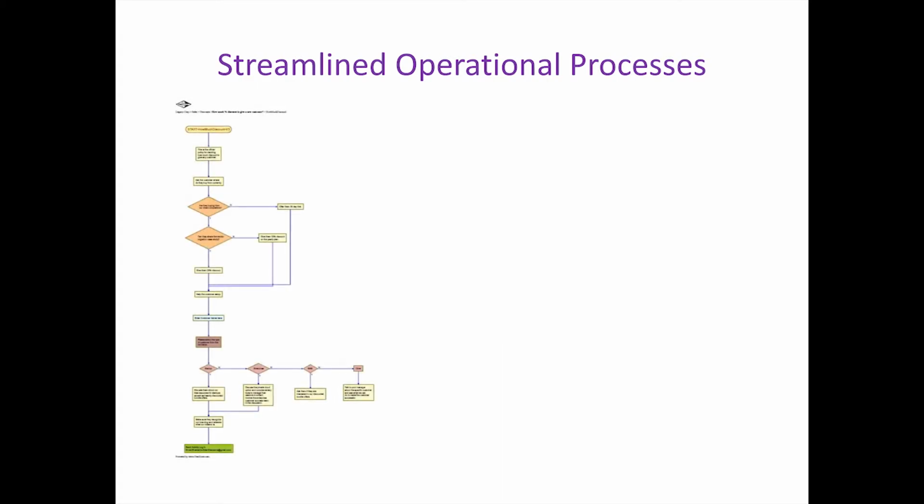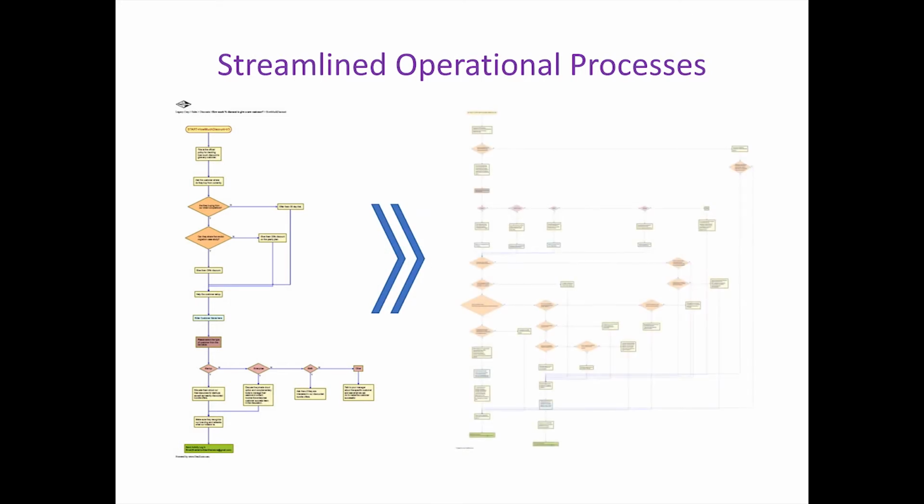Most well-run organizations have streamlined operational processes. Typically, the stakeholders inside the organization brainstorm to design a process diagram by arranging a few different types of boxes in a logical structure. Unfortunately, these process diagrams often end up as complicated looking, not very friendly diagrams, which also get outdated over time.